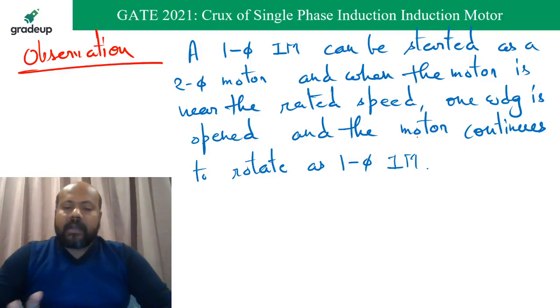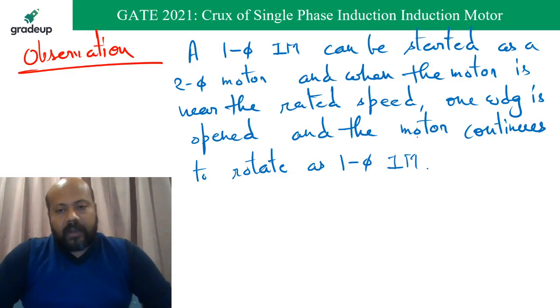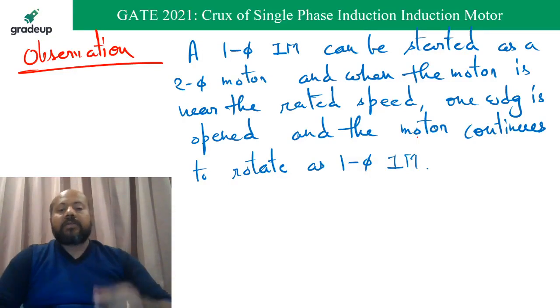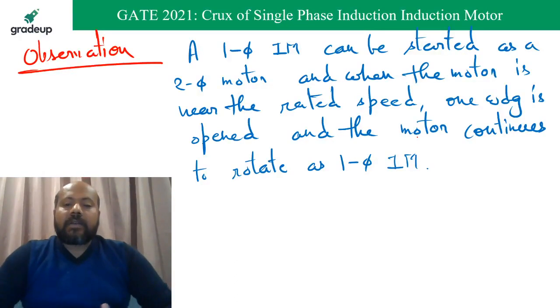That is a different idea that we will discuss in the later part of our discussion. But the basic observation about the single phase induction motor is that it is started as a two-phase motor. And when the motor achieves near the rated speed, one winding is opened or separated, and the motor continues to rotate as a single phase induction motor.